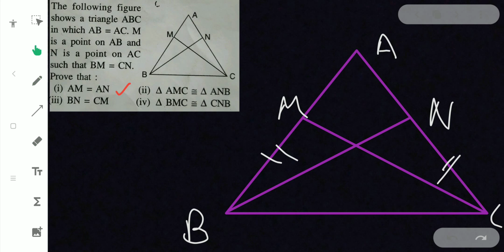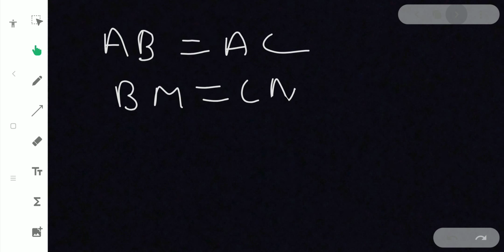The second one is a congruency proof. Triangle AMC is congruent to triangle ANB. So AMC, this one, and triangle ANB, this one.